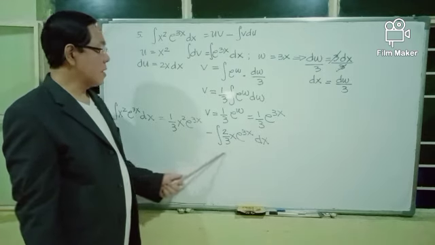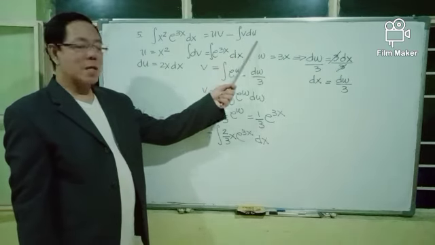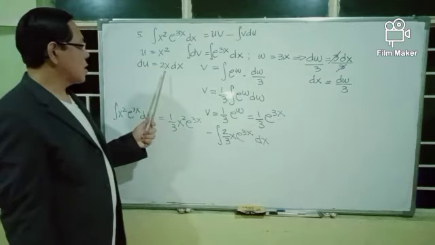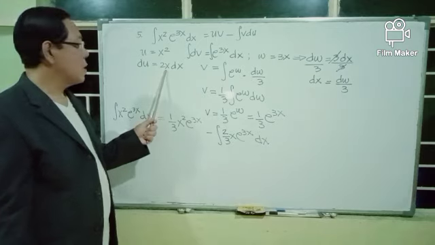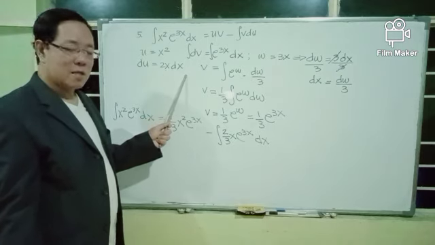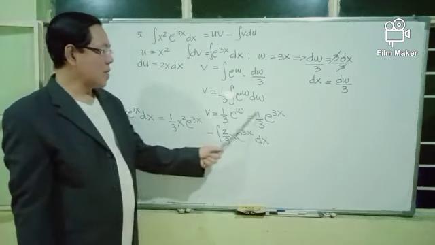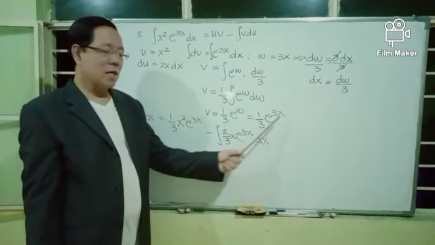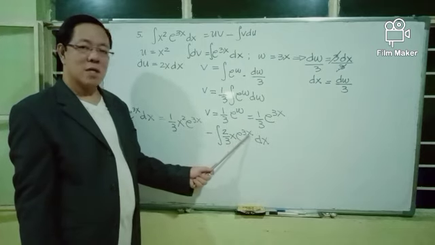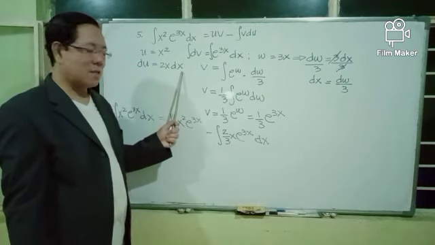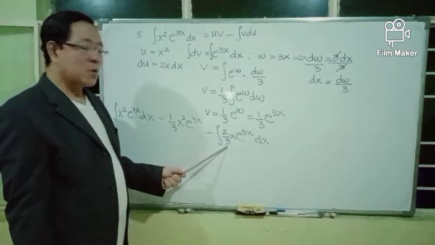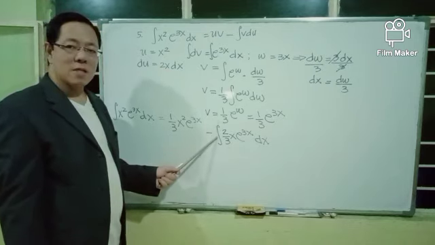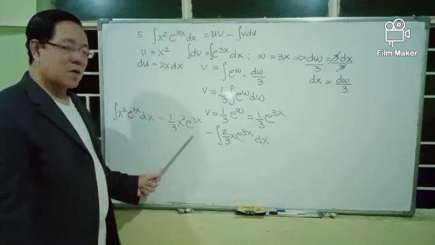Again, this is the integral of v du, where v is 1/3 e to the 3x multiplied by du, 2x times dx. 2 times 1/3 is 2/3. x times e to the 3x is x e to the 3x multiplied by dx. But 2/3 is a constant, so you can take that out of the integral sign. The first term is the same.